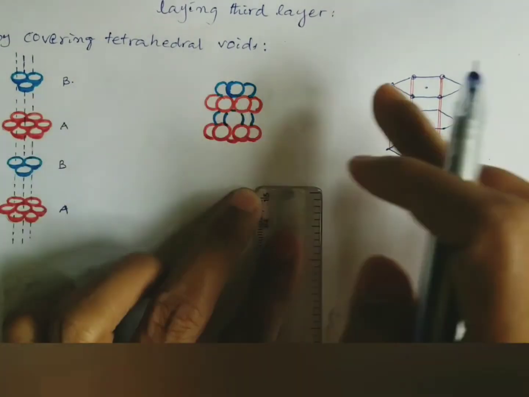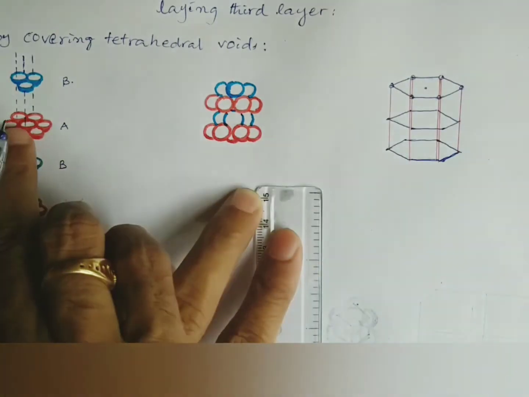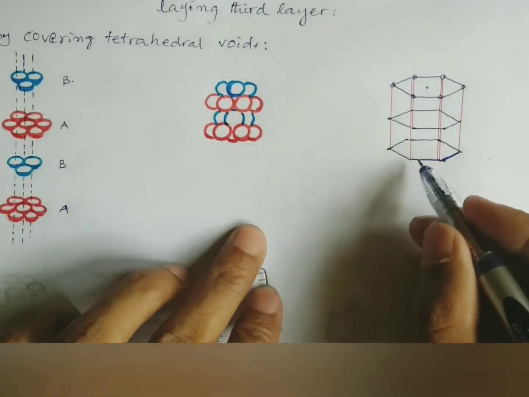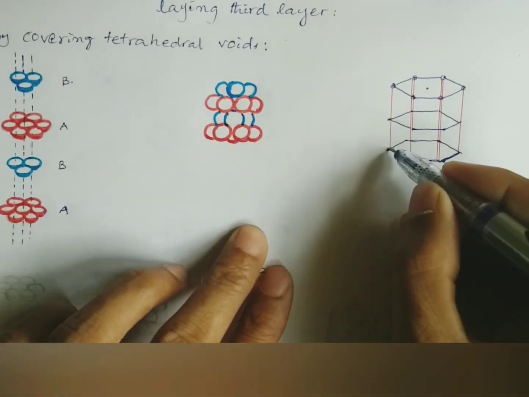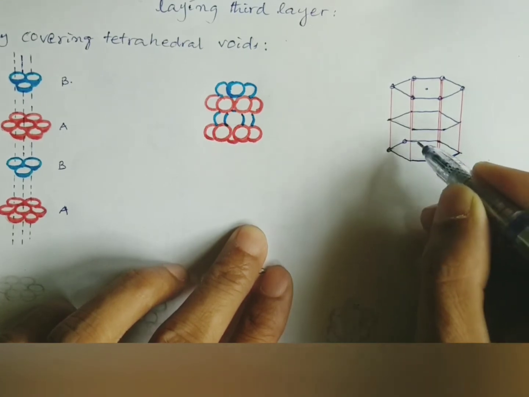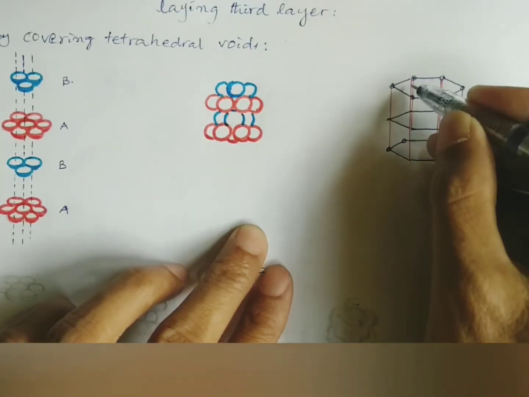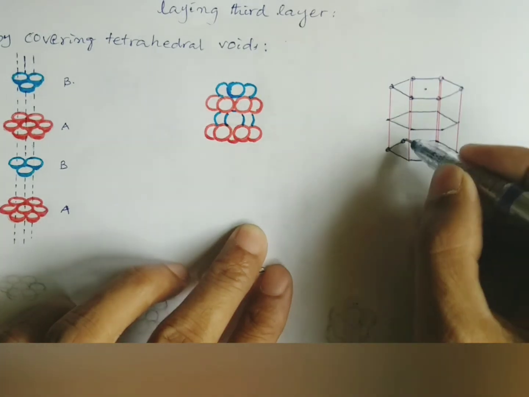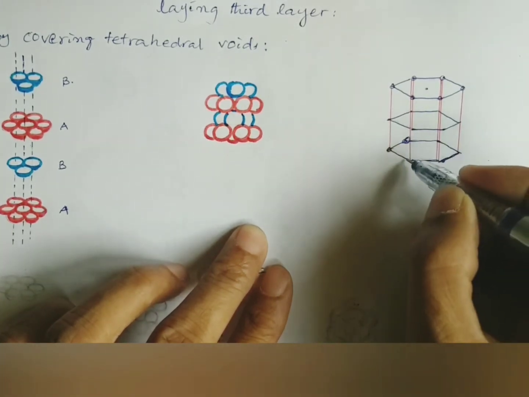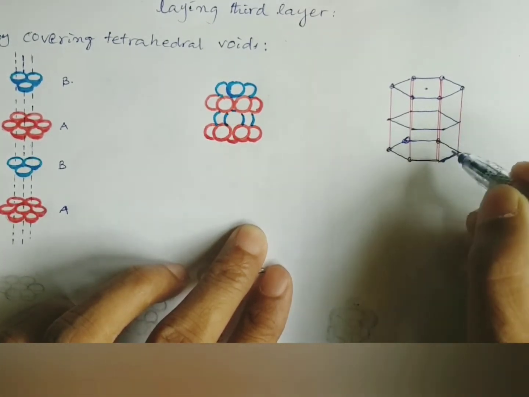Okay, so this part corresponds to this, and there is another layer at the bottom where the atoms are aligned. So these atoms are aligned with atoms of the upper layer like this.